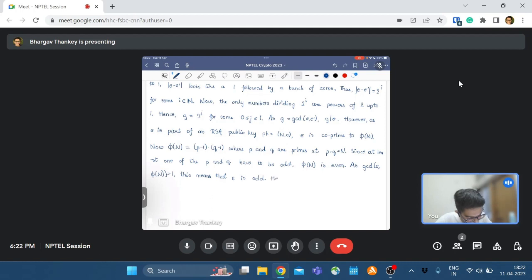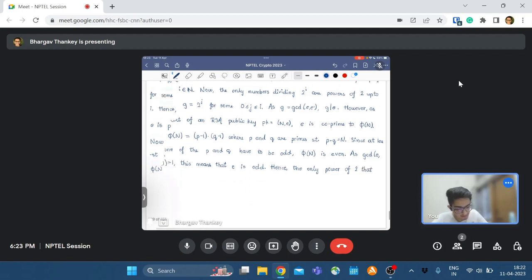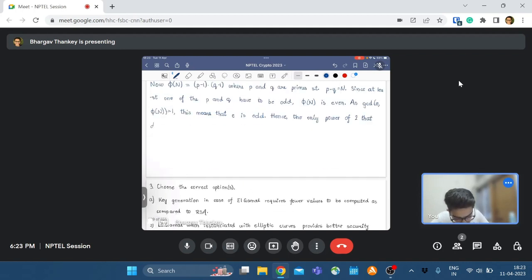And the only power of 2 that divides E is 2 to the 0, which equals 1.